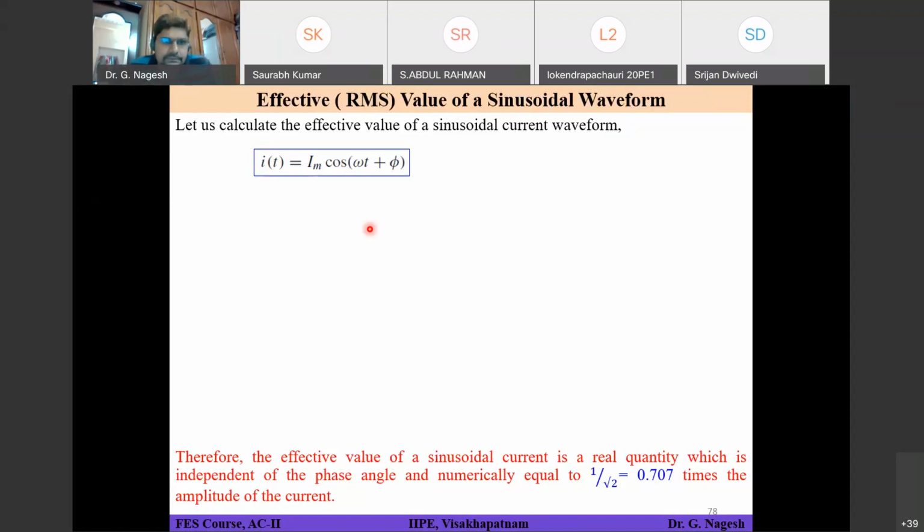Hey, everyone, please try to do that. Simply substitute the I of t function in the previous expression. Okay. So root of 1 by T integral 0 to T Im square cos square of omega t plus phi with respect to dt. So you have to do that.